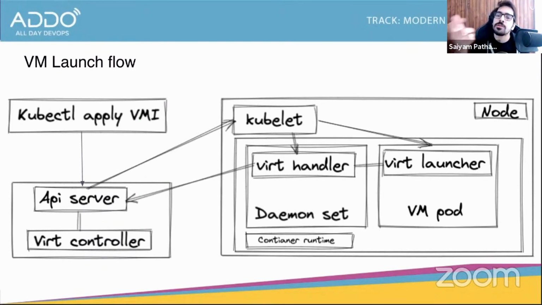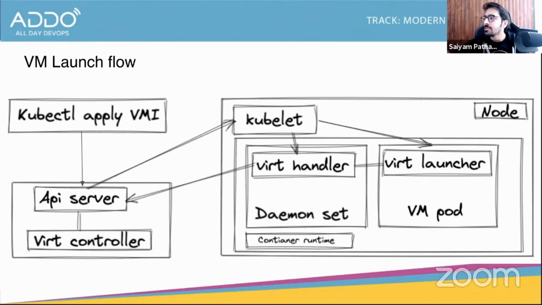Virt launcher will be launching the QEMU process or shim process, which is responsible for starting the QEMU process and maintaining it, along with all the other capabilities like live migration. That will be done by Virt launcher. So that is the complete flow, and after that the VM is started. The virtual machine instance pod is started. So that's how it works.